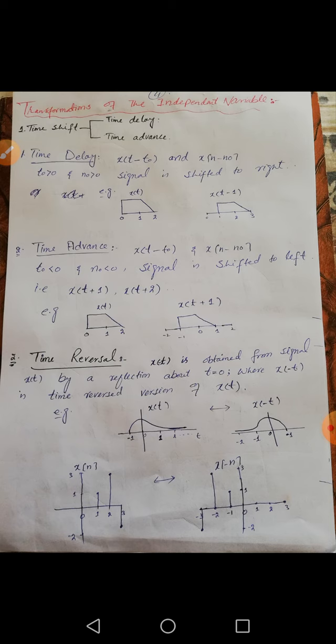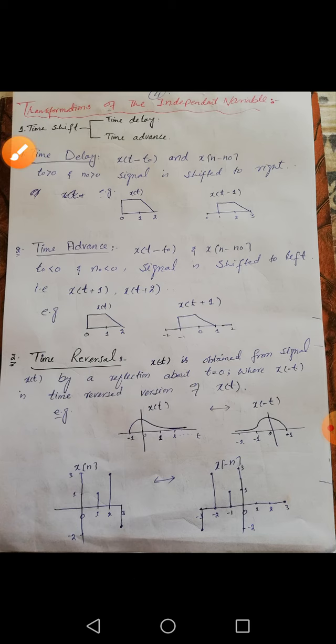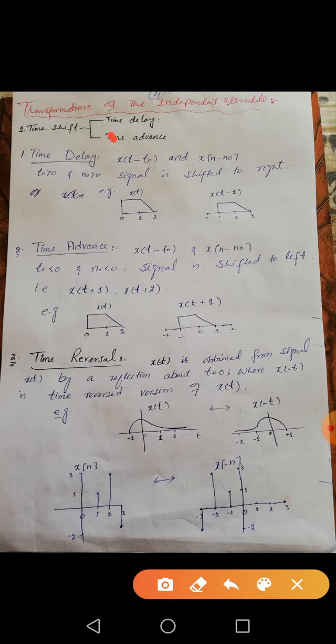So x of t minus t naught, if the given signal is x of t, then x of t minus t naught will be the time delay signal, and x of n minus n naught is the case of the discrete time signal. If t naught is greater than 0 and n naught is also greater than 0, the signal is shifted to the right. In time delay, the signal will be shifted to the right.